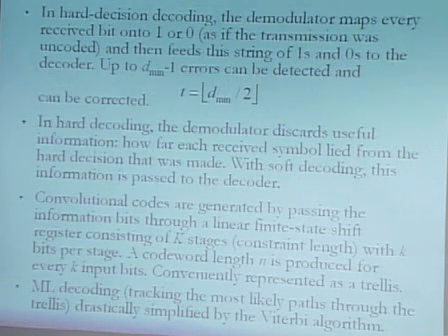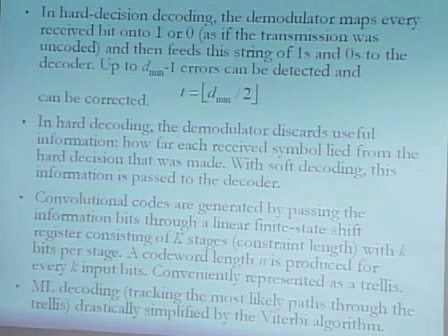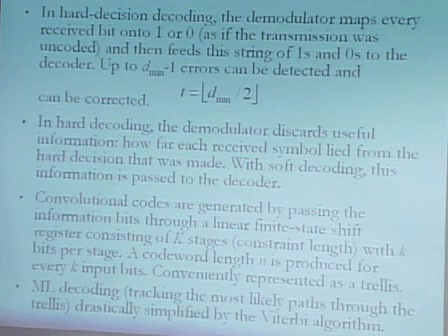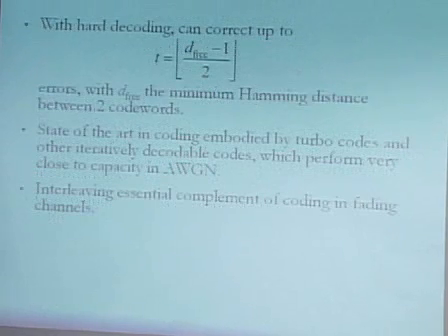Those are block codes. Now convolutional codes are generated by passing the information bits to a linear finite state shift register with capital K stages and little k bits per stage. And a code word of n bits is produced for every k input bits. Okay, and we can use a convenient trellis representation. Now the decoding involves tracking the most likely paths through the trellis, which is drastically simplified by the Viterbi algorithm.